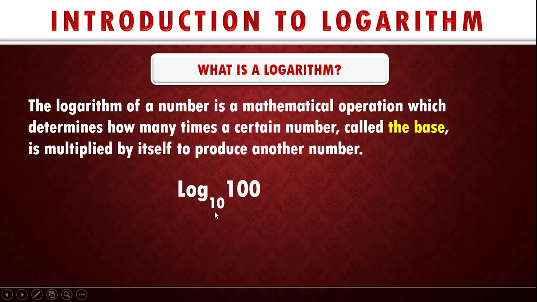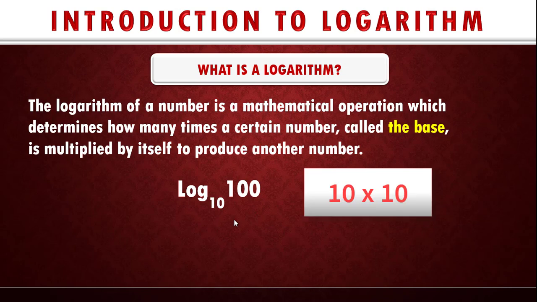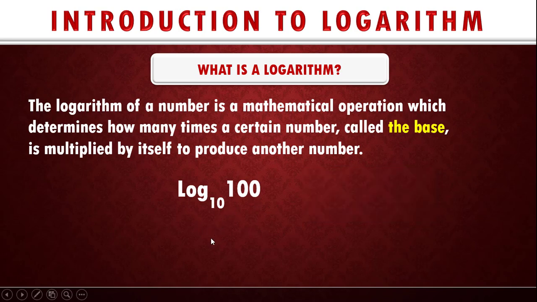So we're saying right here: how many times will this base multiply itself to produce this number? How many times will 10 multiply itself to produce 100? And that will be 2 times, because we have 10 multiplied by 10 to give us 100. So our log 100 in base 10 will be 2.